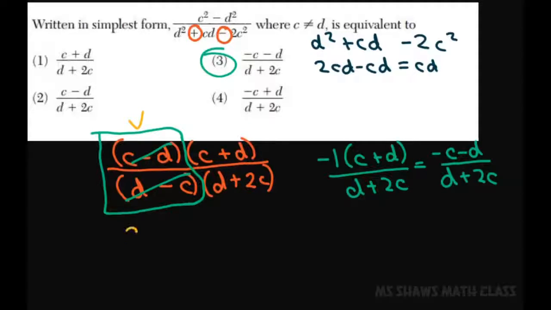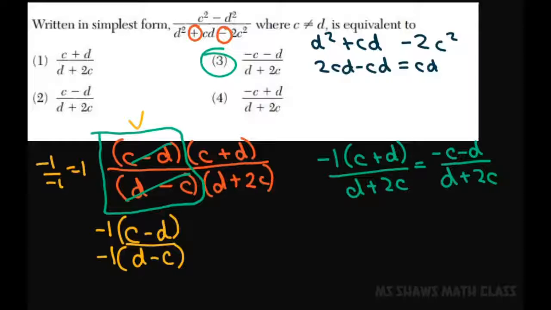Anytime you have this flip-flop thing going on, all you have to do is multiply both the numerator and the denominator by -1. Because -1 divided by -1 is just 1. So we're just rearranging everything. I'm going to just keep the -1 on top and distribute the -1 in the denominator.